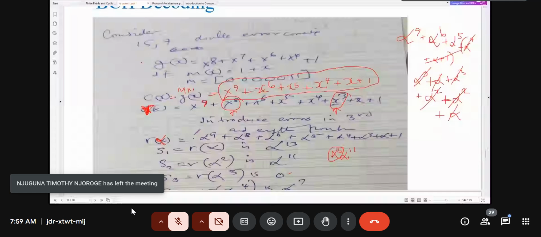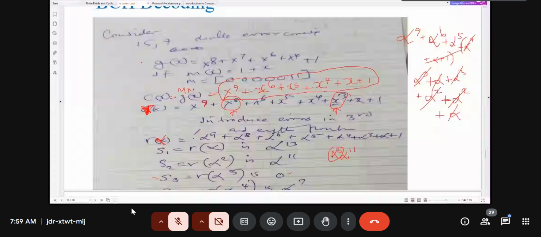Yes. So we are trying to find out what these syndromes are. If there are only 4 syndromes, you only go to alpha to the power of 4. If there are 6 syndromes, you go up to alpha to the power of 6. So it will give you S for R. And if you try to work this out, considering this, it will simply work out to alpha to the power of 13.